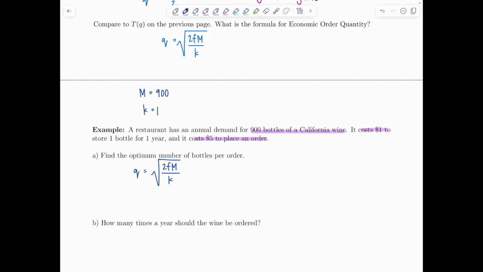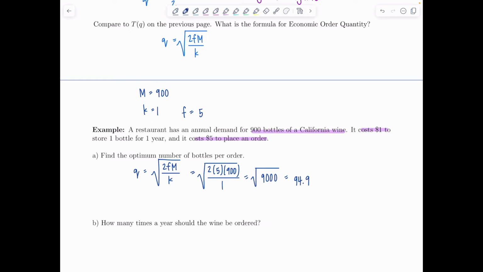That's my storage cost. And fixed cost is $5 every time you place an order. So Q is going to be the square root of 2 times 5 times 900 divided by 1. So that's 10 times 900, which gives me 9,000. And the square root of 9,000 is about 94.9.